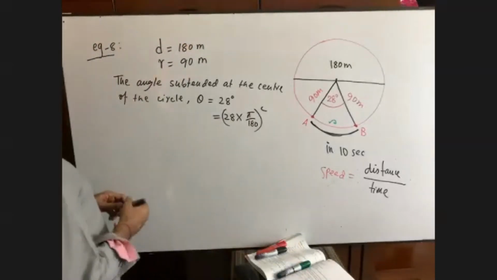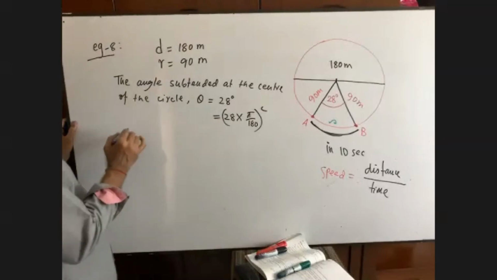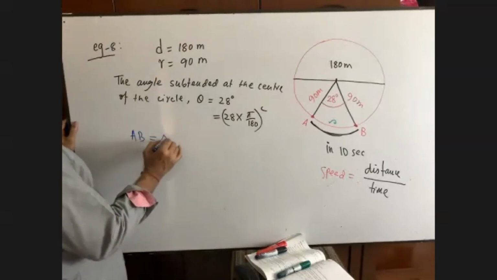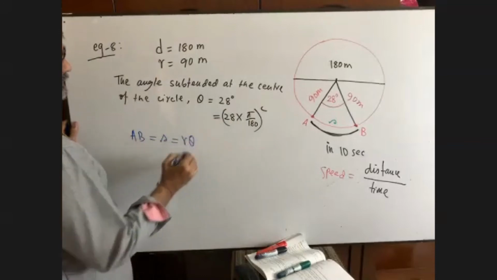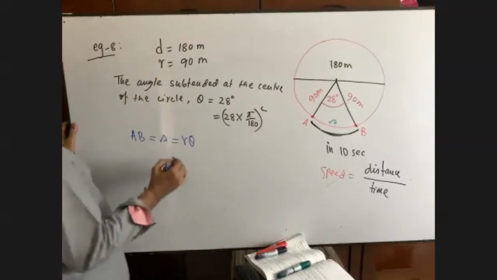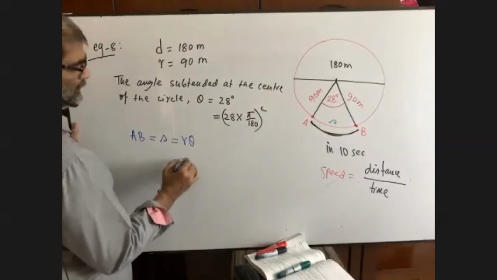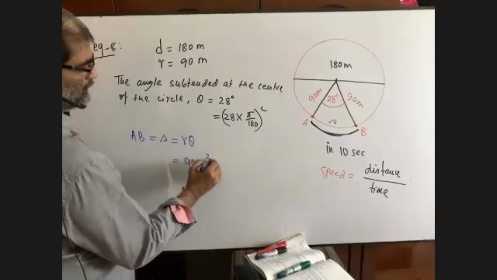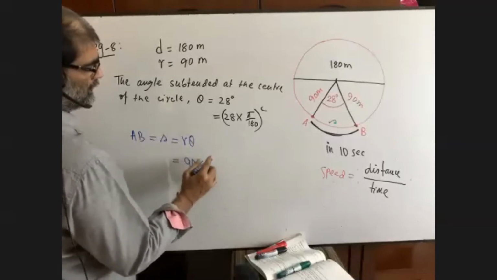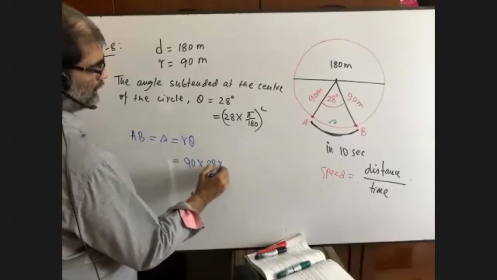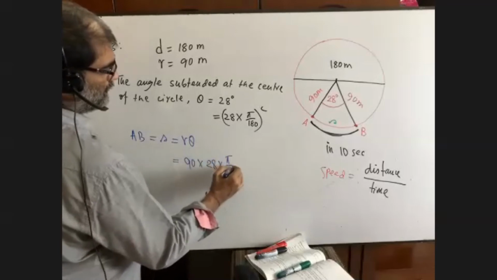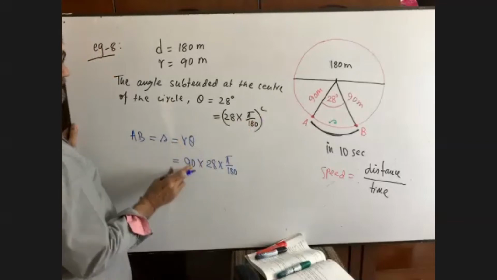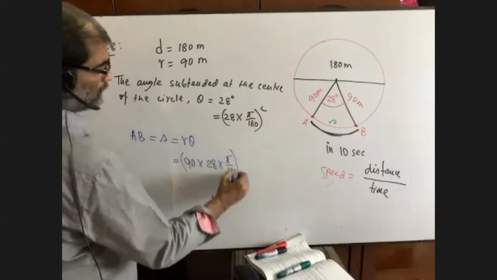Now you see again, we know AB equals S, and S equals R theta. So what is the value of R? R is 90, theta is 28 into pi by 180. It is radian, but as R is 90 meter, I am going to write meter.